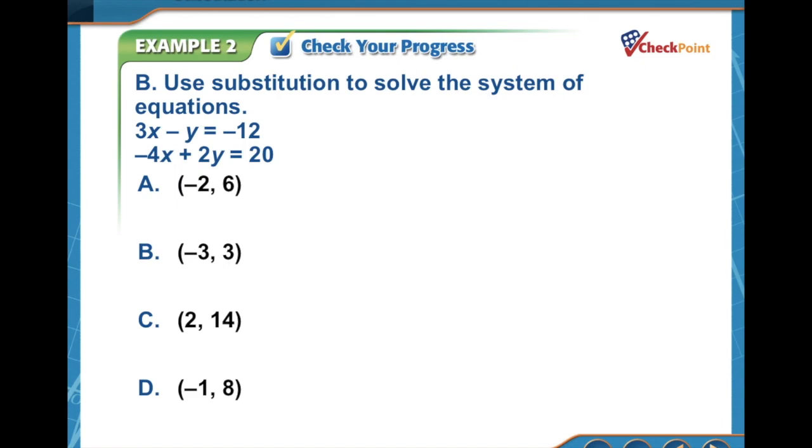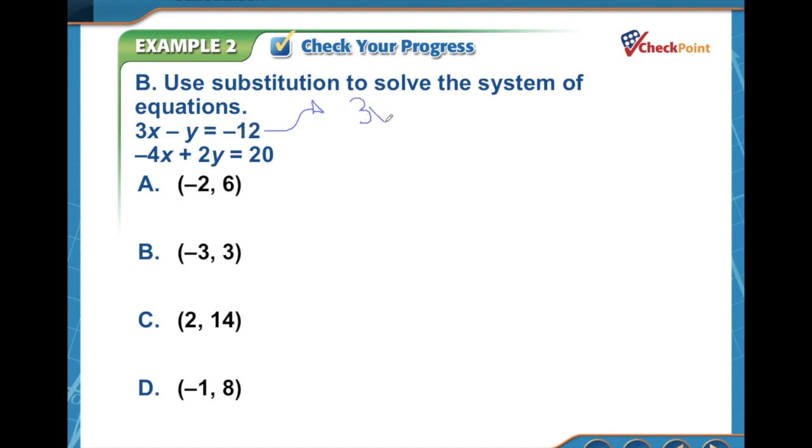Okay, so 2b. We want to use our substitution skills that we now have to solve this problem. So we have to do some manipulation here to get one of these equations solved for our variable. So if I want to manipulate the first one, I want to solve it for y. So from this one I add y to both sides.